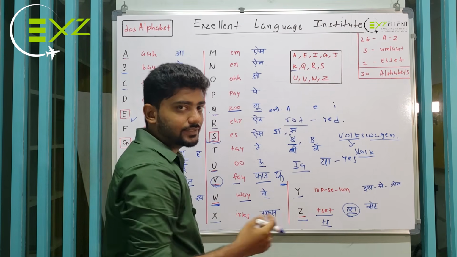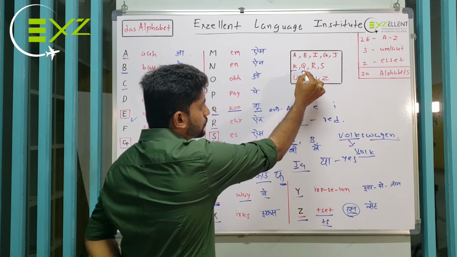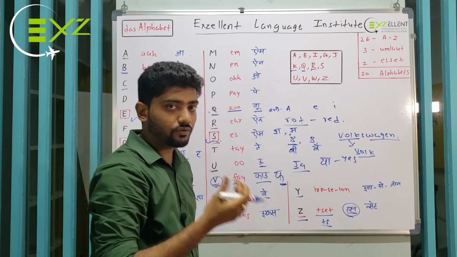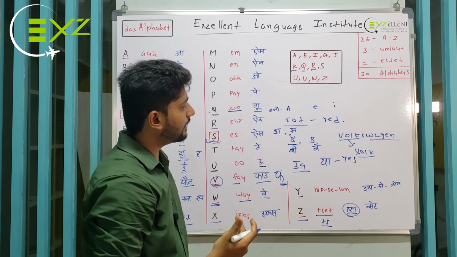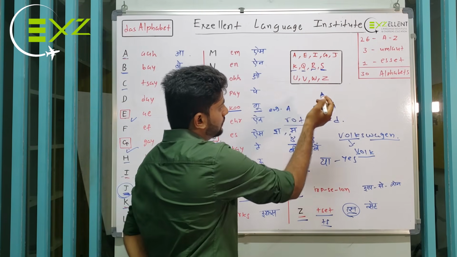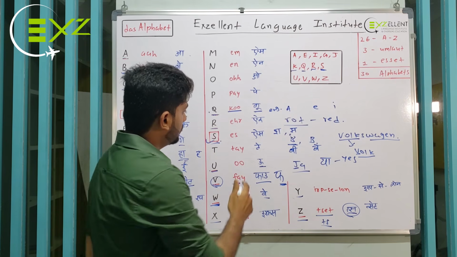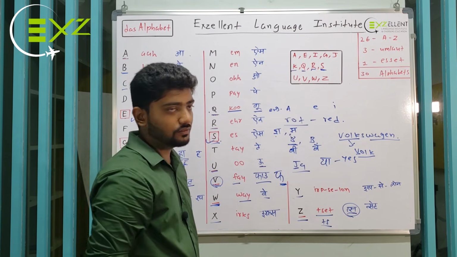K is different, it is Ku, like there is no ear. R, we have to pronounce it from the throat. S, we have a separate video for that. Pronunciation will be like sh or z.